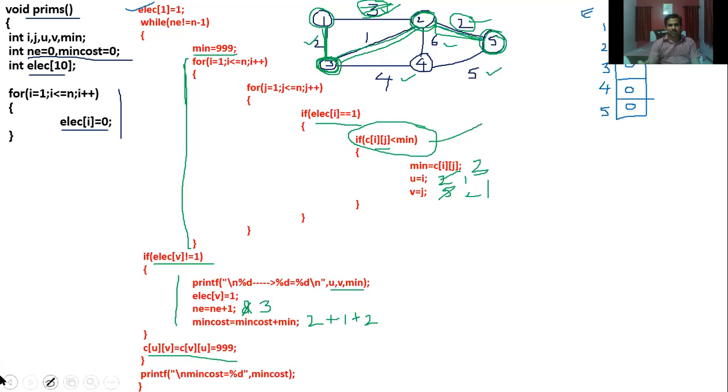Okay. Next. Again, if I leave this, we are left with the 2 to 4 edge, 3 to 4 edge, and 4 to 5. Among this, the minimum will be this one. Consider this. Correct? So this is 4.